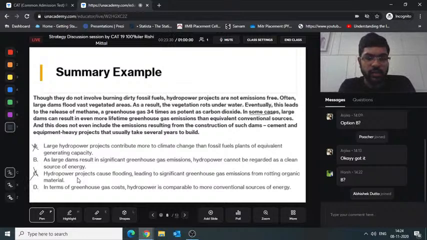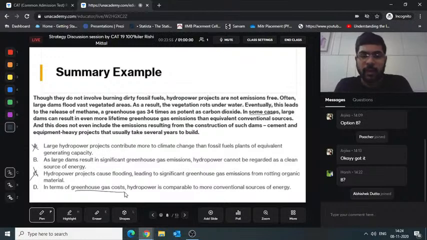Option D talks about greenhouse gas costs: hydropower is comparable to more conventional sources of energy. This seems to be a very generic option. First of all, although I do understand what greenhouse gas costs mean, this particular term has not been used anywhere in the part above, right?